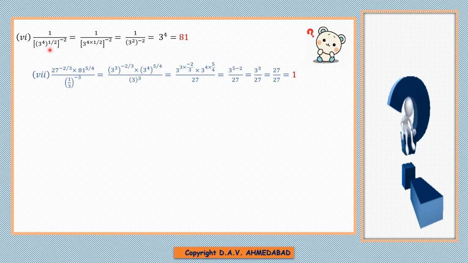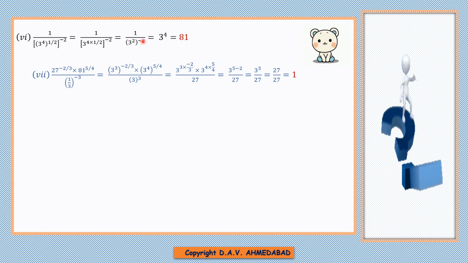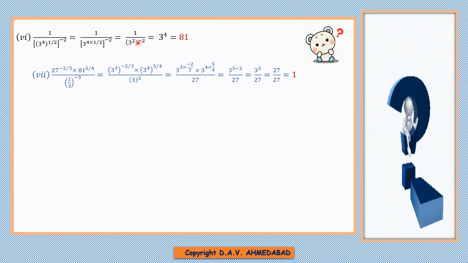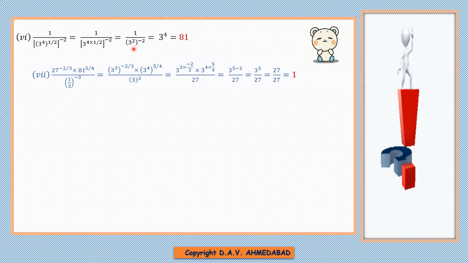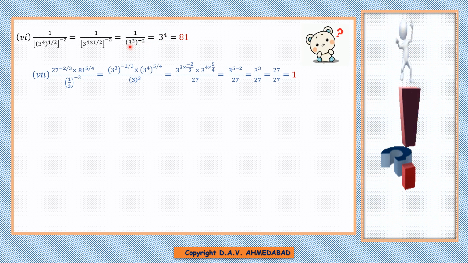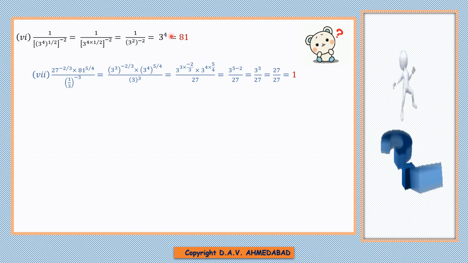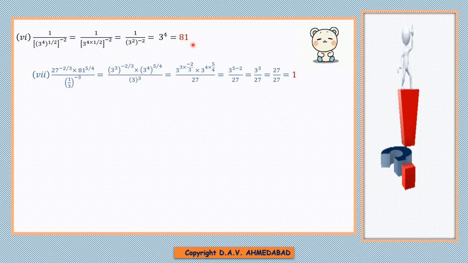So 4 into 1 by 2 is 2, and then 2 into minus 2 is minus 4. 1 by 3 raised to the power minus 4 means 3 raised to the power 4, because to make the power positive we will do reciprocal of the number, and 3 raised to the power 4 is 81.